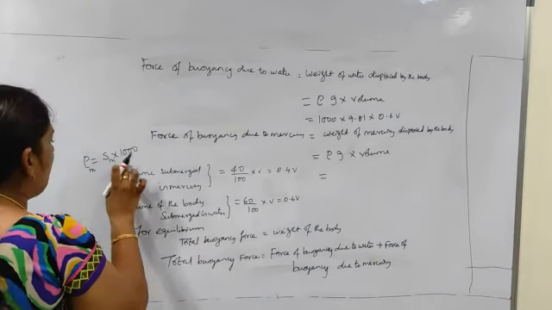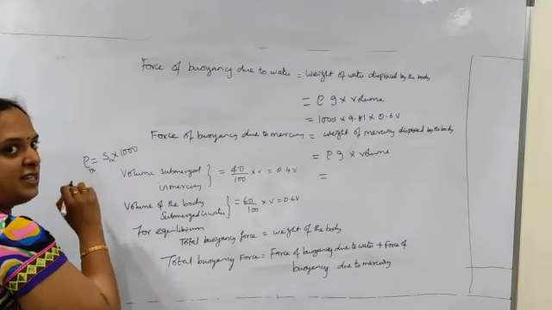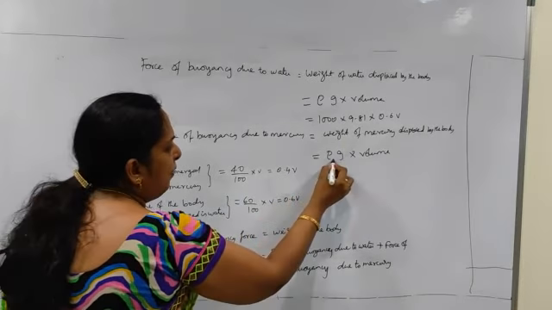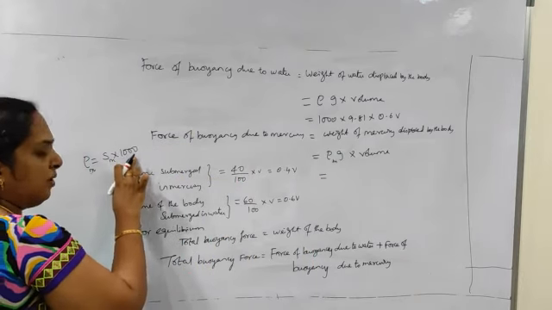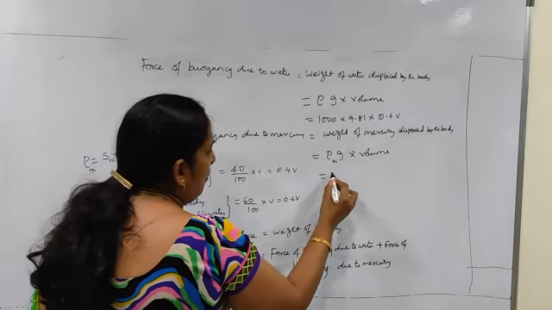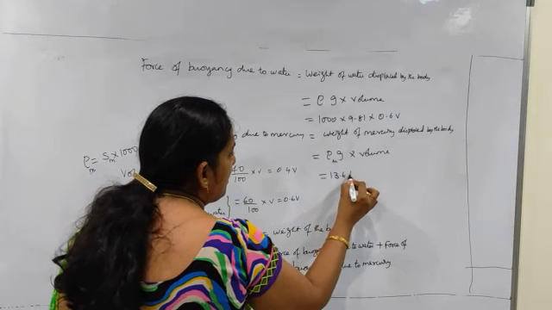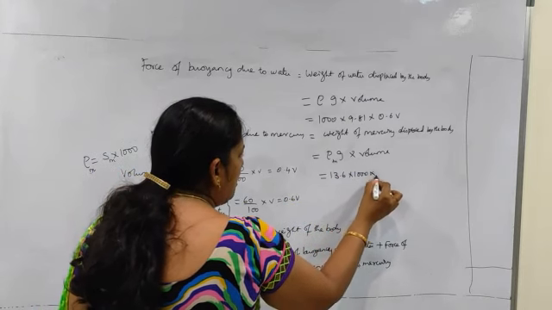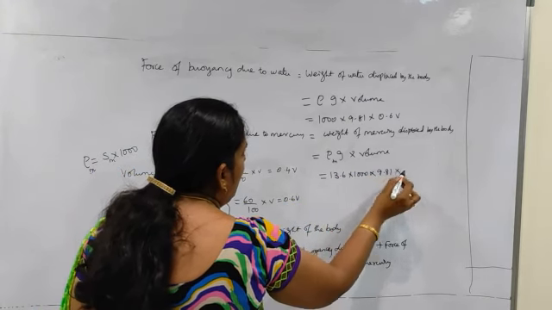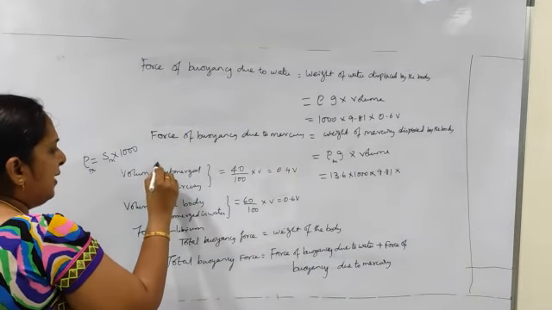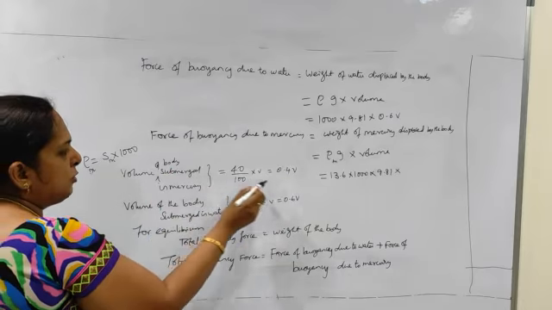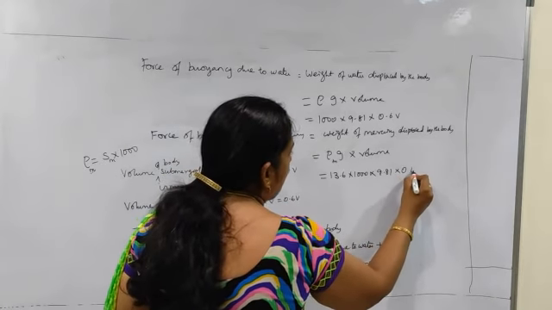So by using that formula, we have found the density of mercury. I have to multiply the specific gravity of mercury with 1000. The specific gravity of mercury, we already know, is 13.6, so 13.6 into 1000, into G which is always the same 9.81, and the volume of the body that is submerged in the mercury is 0.4 B.